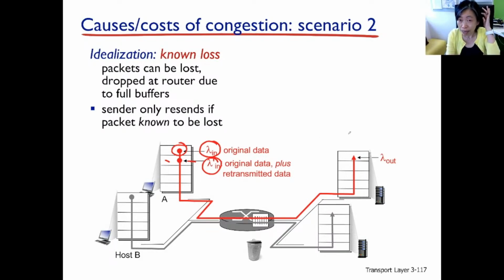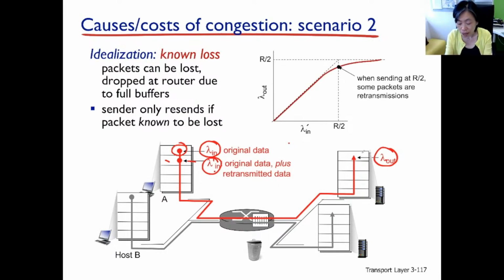Now the output rate at the application layer for TCP gives you the same thing at the receiver end. Therefore, you see lambda in prime versus lambda out. Lambda in prime is going to be higher than lambda out. So in the end, even though lambda in reaches its capacity, half of R, we don't get exactly half of R out here, because some of this half of R is used for retransmission.